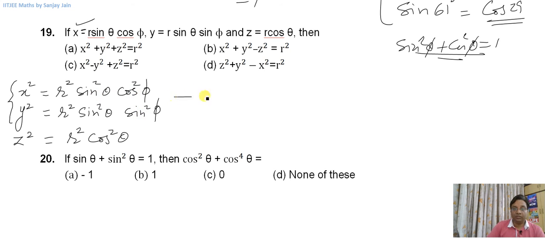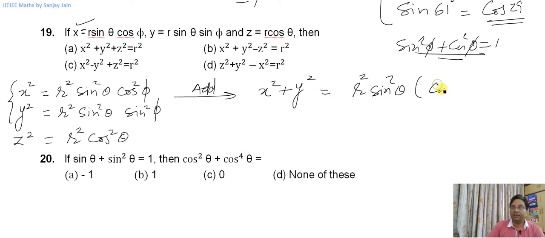So let me do this first. I am adding these two equations. So x square plus y square will become, let me take r square sine square theta common, and inside I'll have cos square phi plus sine square phi, which is equal to 1.